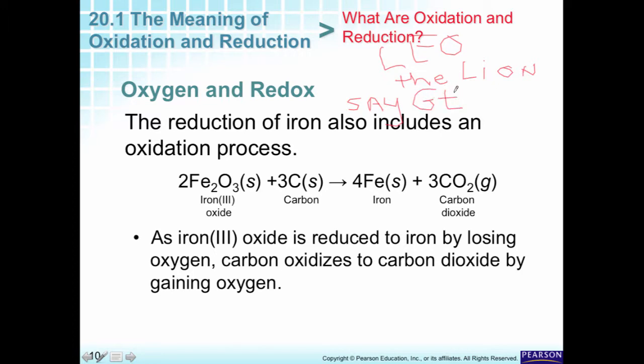Okay, Leo the lion says grr. Leo stands for loss of electrons, oxidation. GER stands for gain of electrons, reduction.